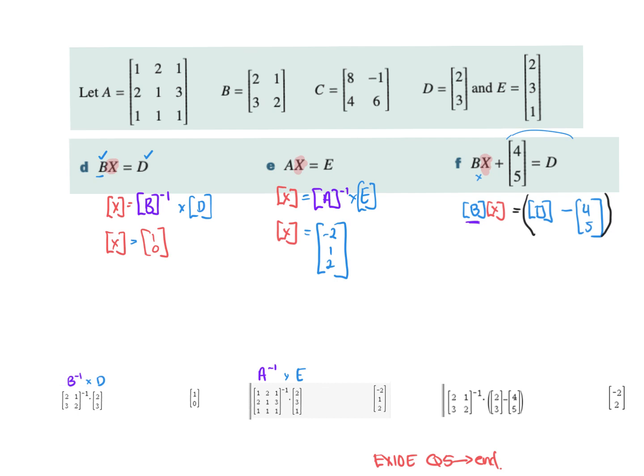Essentially this would give you an answer. But what I like to do is keep it all in one go, so I can just type it all out in the calculator. So I'm going to put that in brackets, because I want the calculator to do that first, and then times it by the inverse. So I've got inverse B at the front, and then it's going to times by D minus this.